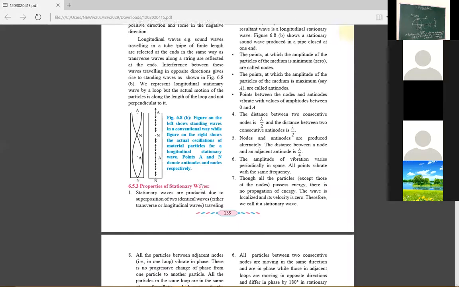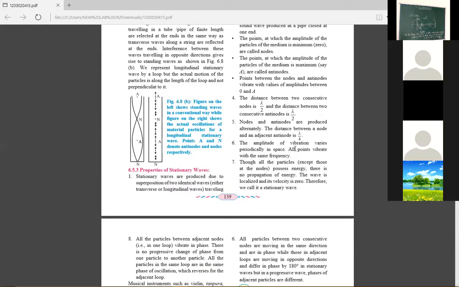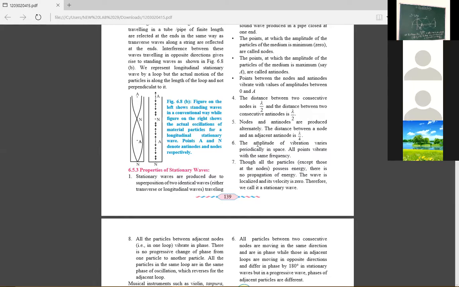now moving on to the next point, point number 6. The amplitude of vibration varies periodically in space. All points vibrate with the same frequency. Okay, so every particle in this wave has a different amplitude, but they are all moving with the same frequency.